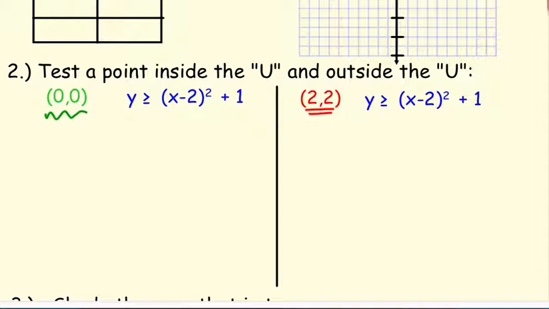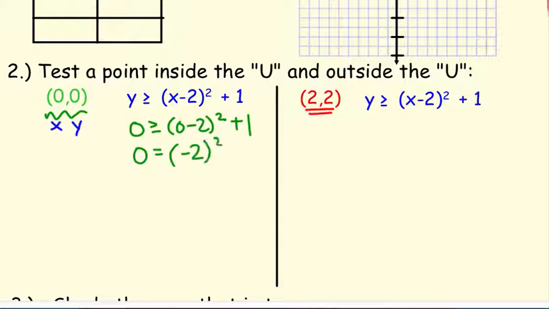Now we're going to go ahead and substitute into our original quadratic inequality. So this is our x, and that's our y. So our y is 0, our x is 0, and we're going to simplify it. The right side now becomes parenthesis, 0 minus 2 is negative 2. Now we square it.